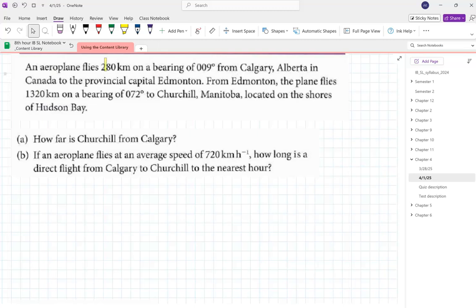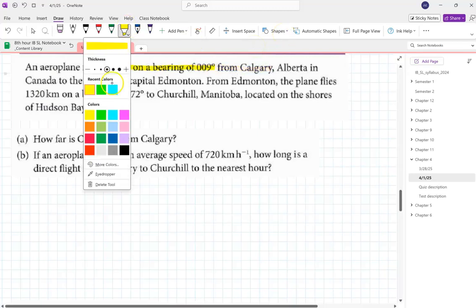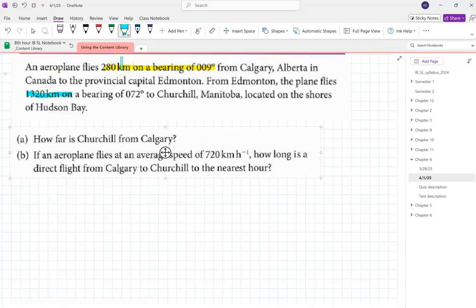When I read this, to me this sounds like a 2-leg journey, right? I have that leg and then that leg. So when I read that, I just see 2 vectors.